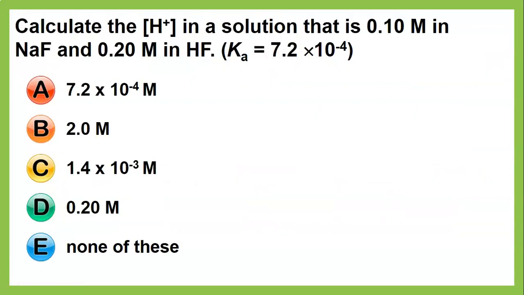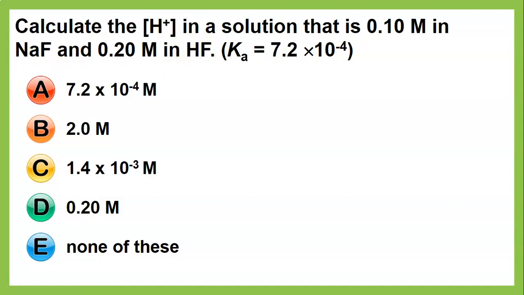So let's walk through one of these. Okay, it says to calculate the concentration of hydrogen in a solution that's 0.1 molar in sodium fluoride and 0.2 molar in hydrofluoric acid, and it gives us the Ka for the acid. So you should notice here that we have an acid and we have the salt.